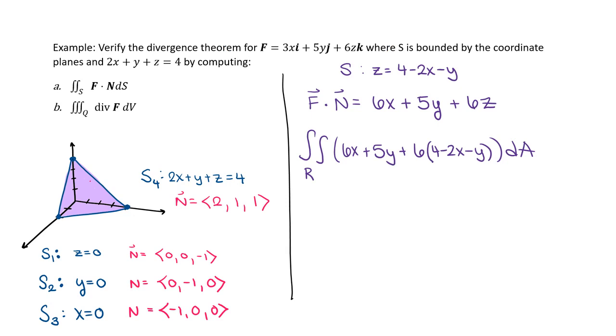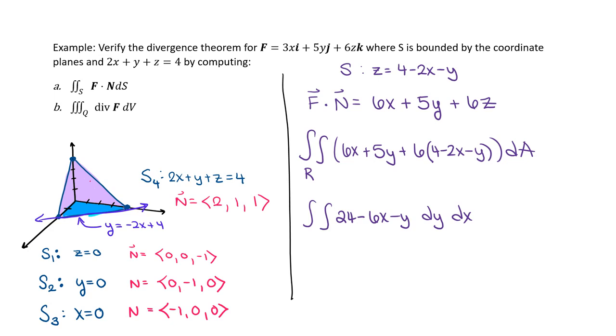So we are going to integrate f dot n, and I am going to go ahead and plug in the z for my surface. So I'm going to plug 4 minus 2x minus 2y in for z. So now I got that big expression, 6x plus 5y plus 6 times that plane. And then I am going to be integrating this over its projection in the xy plane.